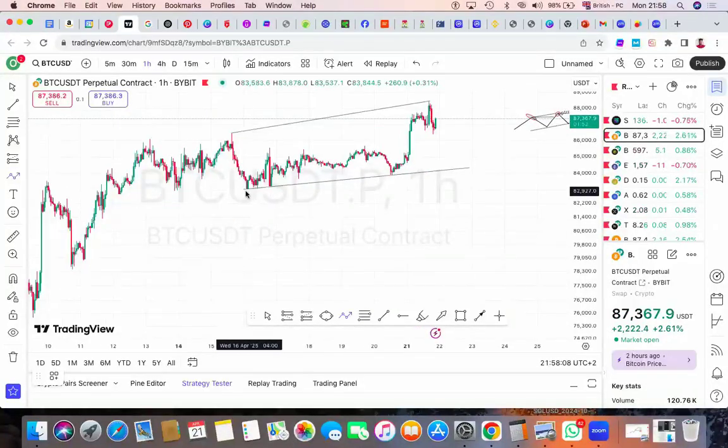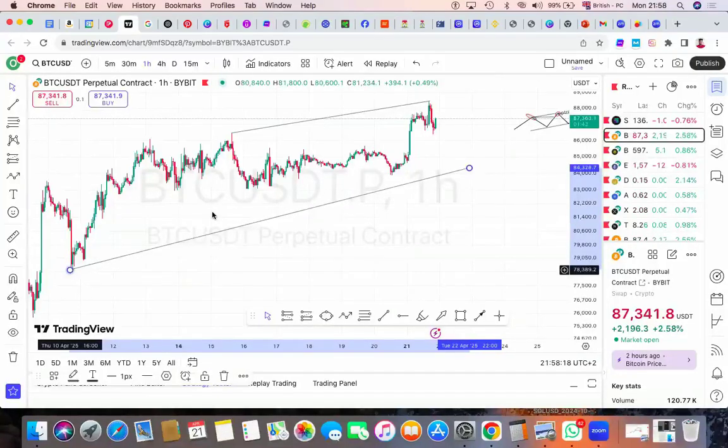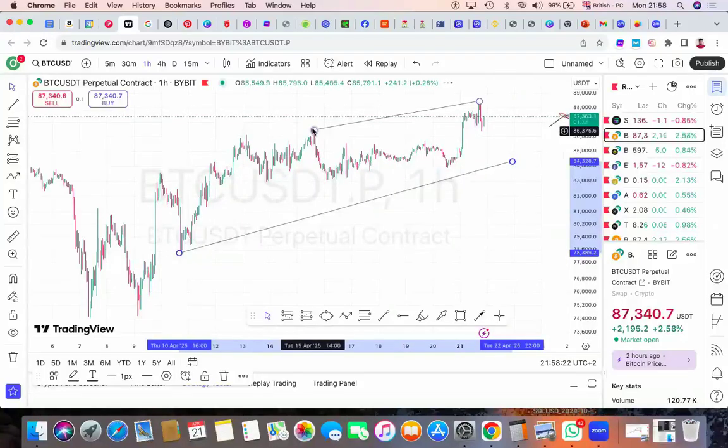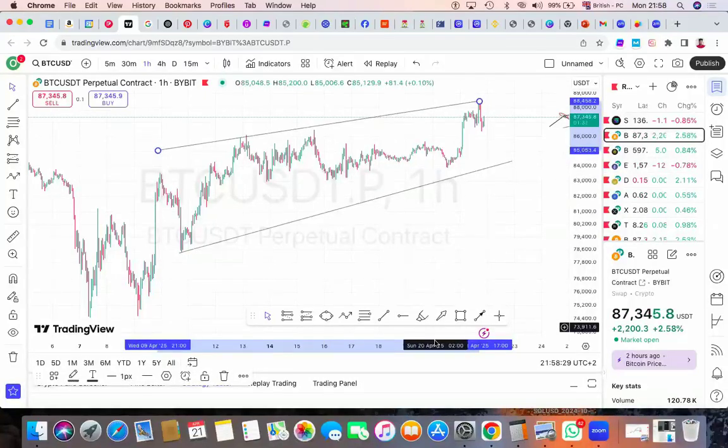Just merely from what I just drew here, what would you say? What would we say Bitcoin is on right now? Is it an uptrend or downtrend? Okay, bullish trend, yeah, uptrend.